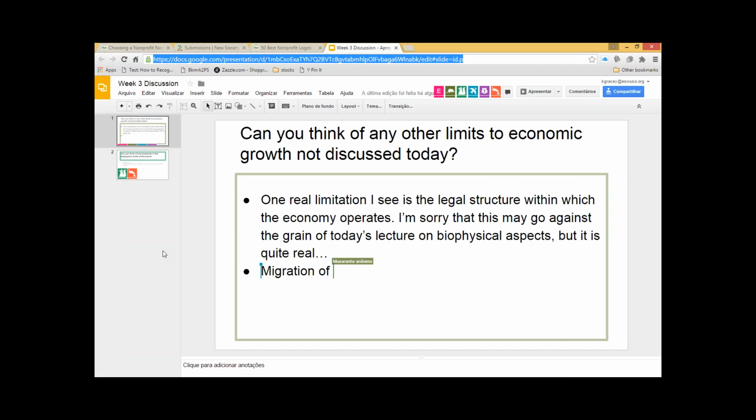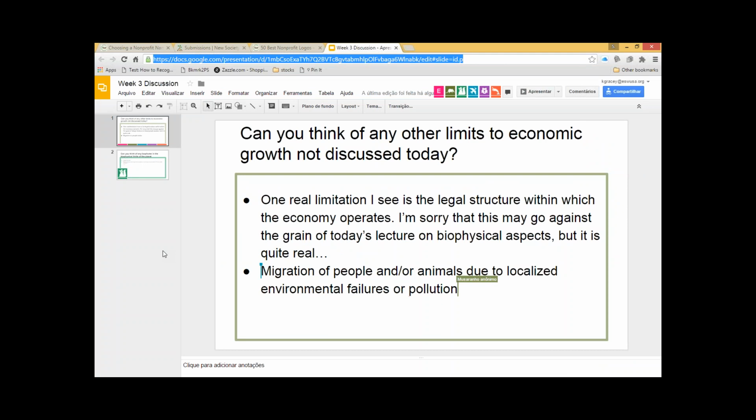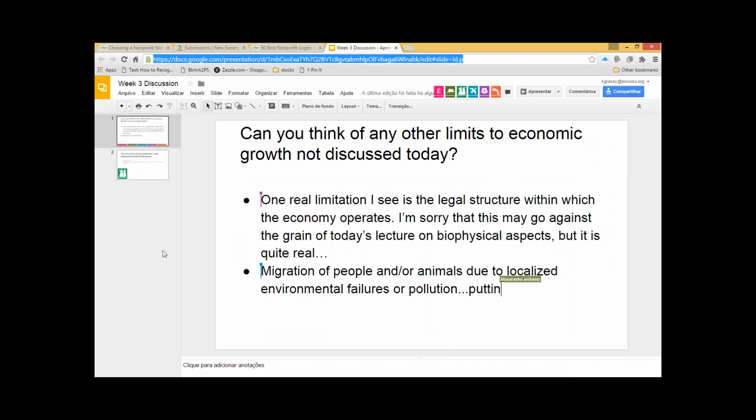That certainly gets into the realm of political economy and the impact that decisions made by different groups of people with different goals and powers can have, and how they can conflict with each other. So legal structure, how an economy is organized, how a group of decision makers is organized, that matters for sure, and can put limits on economic growth. So that's a good one.